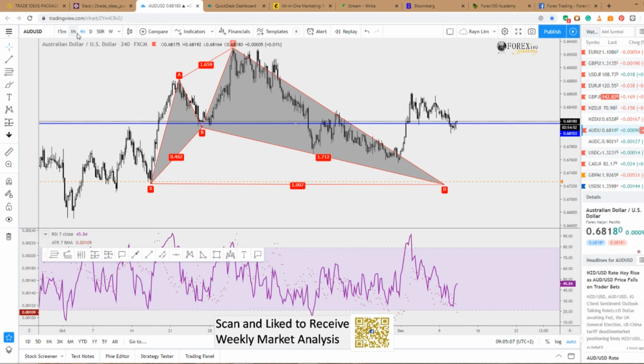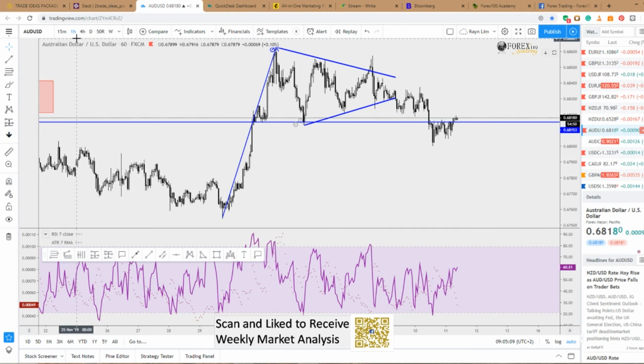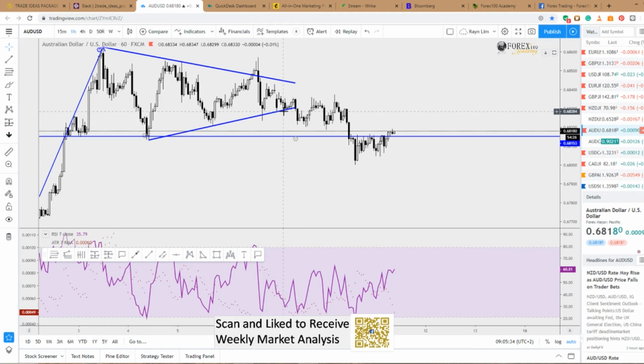67.26. On the 1-hour chart, there was this bullish flag pattern, which we thought would just go up, but over here the first break of the high showed some weakness as well. It did not break and close above the high, and of course it formed a magic candle and the market came back down strong. So no action was taken. Initial plan was waiting for a retest of the base of the flag for a buying opportunity.